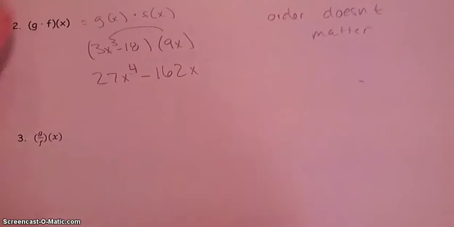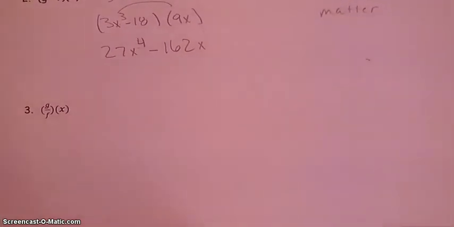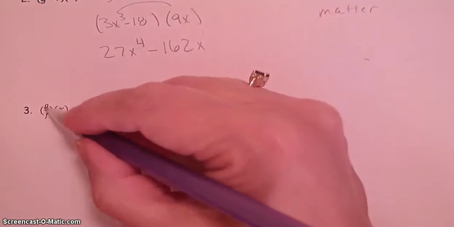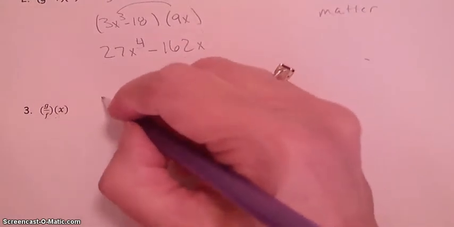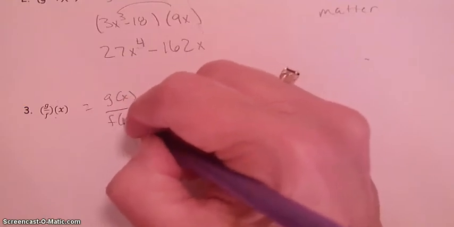Alright, so division with operations and functions could be tricky, but for the most part we are only going to look at dividing by a monomial. So in this case we have g divided by f of x. So this would be equal to g of x divided by f of x.